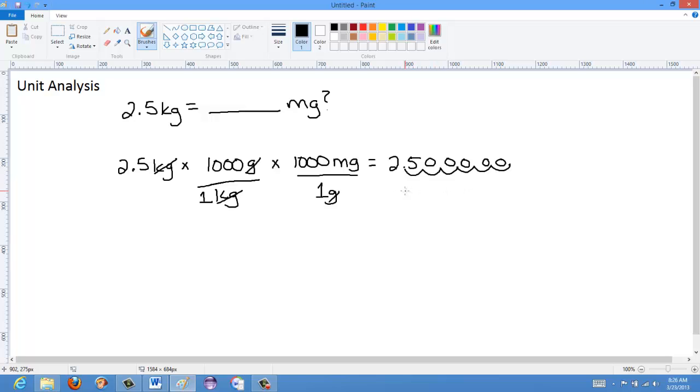So this would be equal to 2.5 million milligrams. Again, we don't express big numbers in this way, so what we do is we say 2.5 times 10 to the 6. If I'm correct, it's 1, 2, 3, 4, 5, 6, yep, milligrams. And that would be my answer.